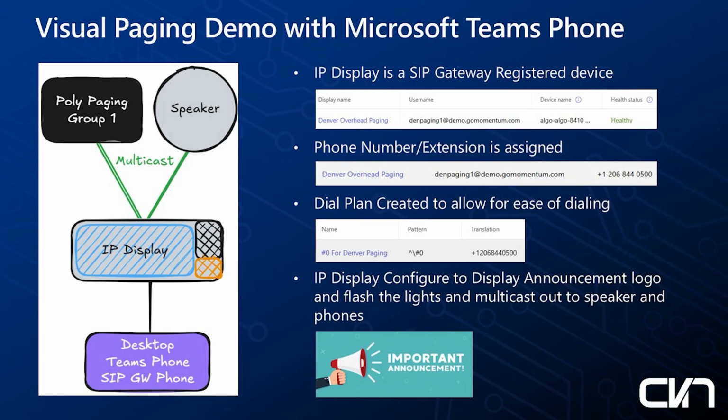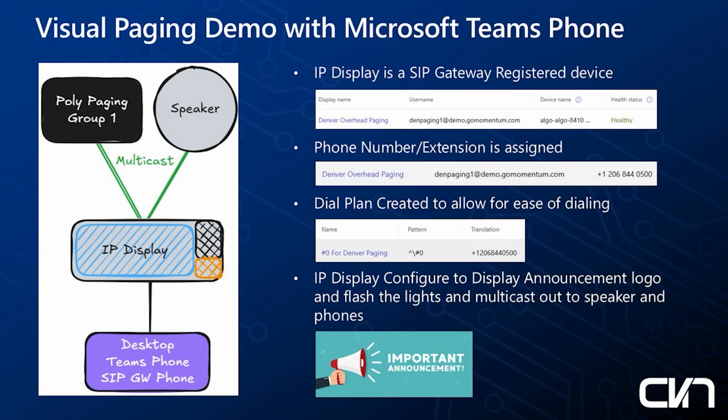All right, so let's dive into our first demo. One of the things we did when we set up the environment is all of these Algo devices are actually IP enabled. Even this strobe light registered in as a Teams licensed device.